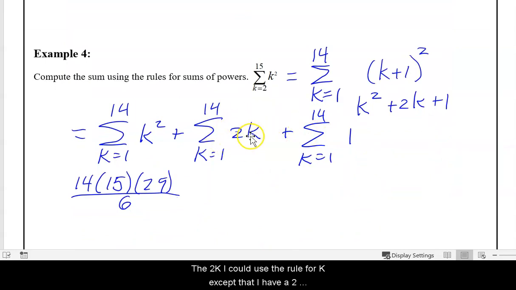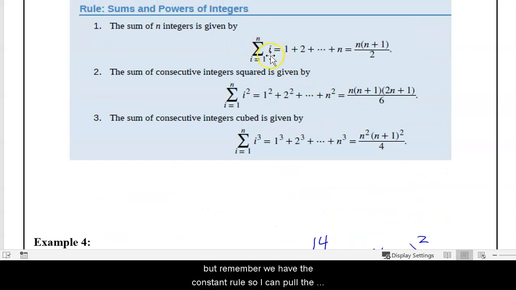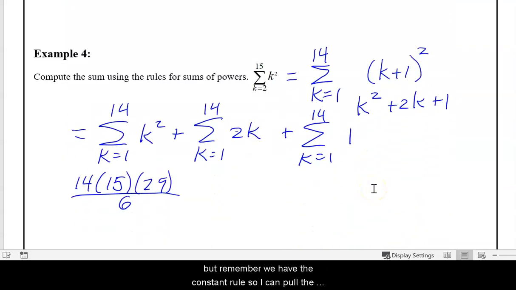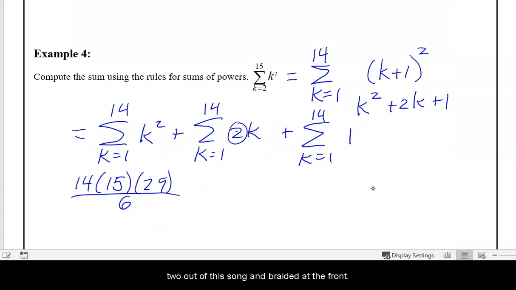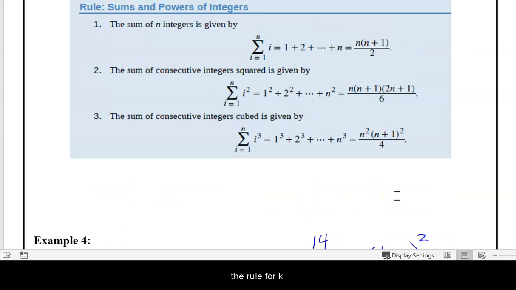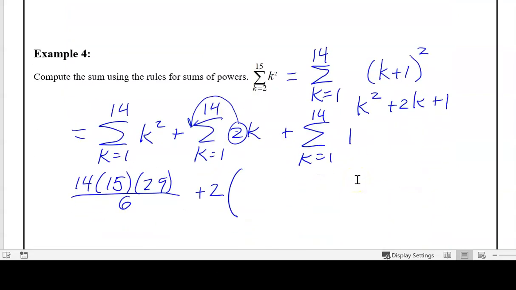The 2k, I could use the rule for k, except that I have a 2. But remember, we have the constant rule, so I can pull the 2 out of the sum and write it at the front. That would let me write 2 times, and then I would use the rule for k, n times n plus 1 over 2.